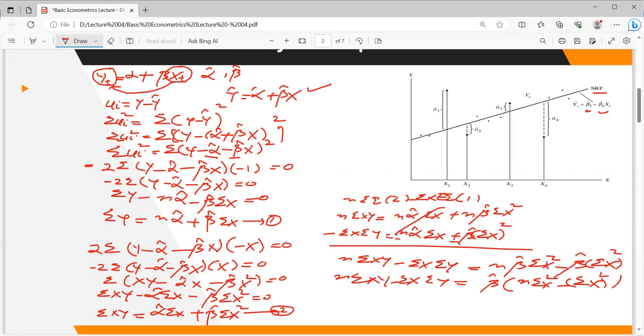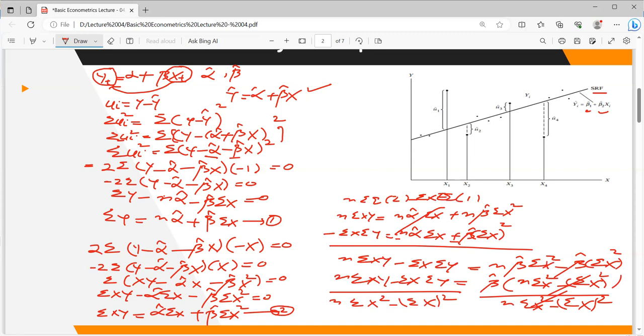By dividing on both sides by n summation x square minus summation x whole square, you can see that is the value of beta estimated.